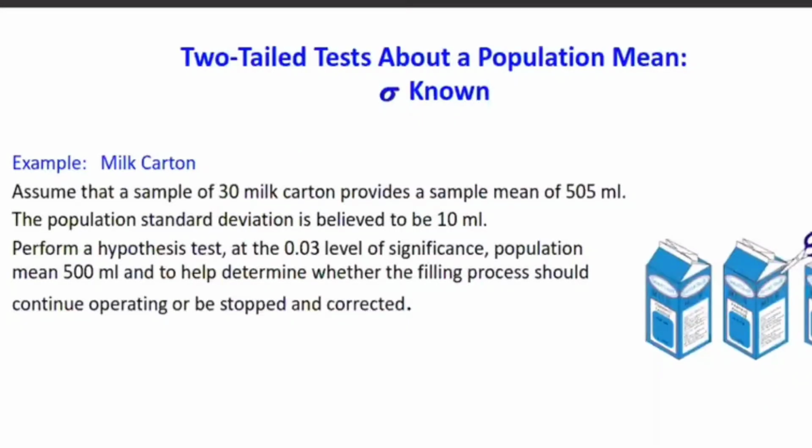Now, what is the null and alternate? Mu is less than or equal to 500. Mu is greater than 500.